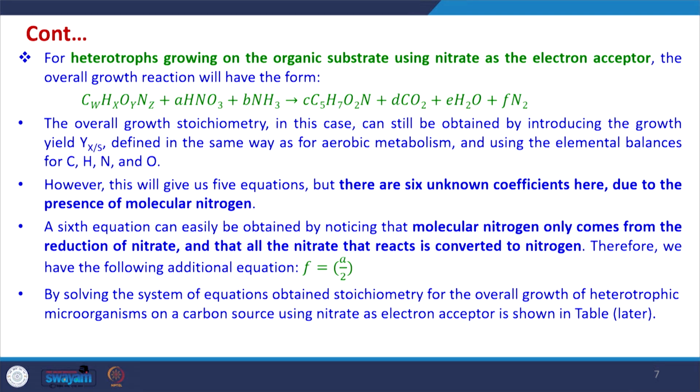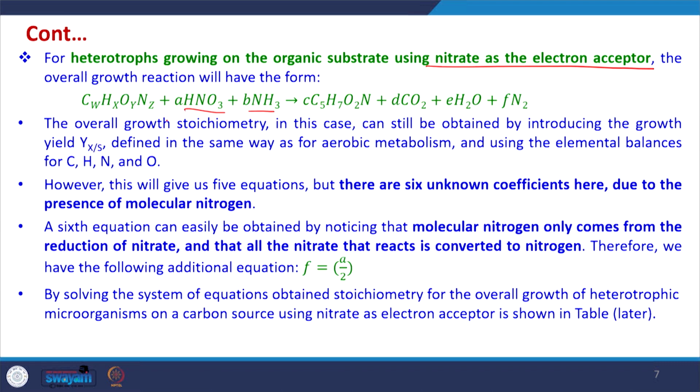Now, consider heterotrophs growing on organic substrate using nitrate as an electron acceptor. In this case, we have already studied the catabolic reaction and the anabolic reaction. So, we can write the reaction here, with HNO3 and ammonia. In place of oxygen we are using HNO3, and overall we can write it.